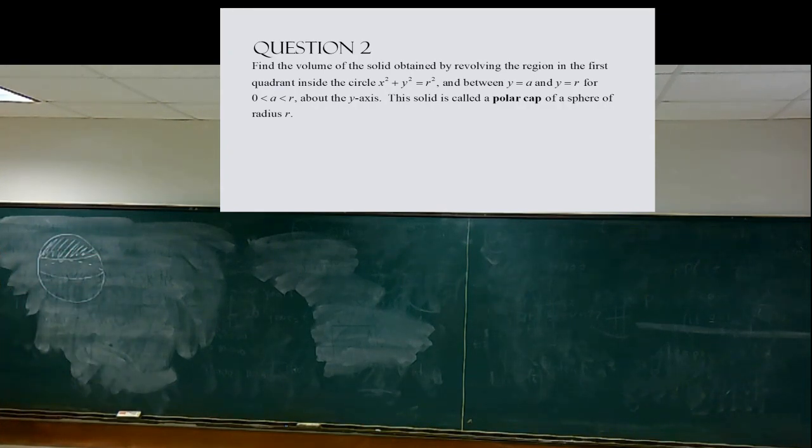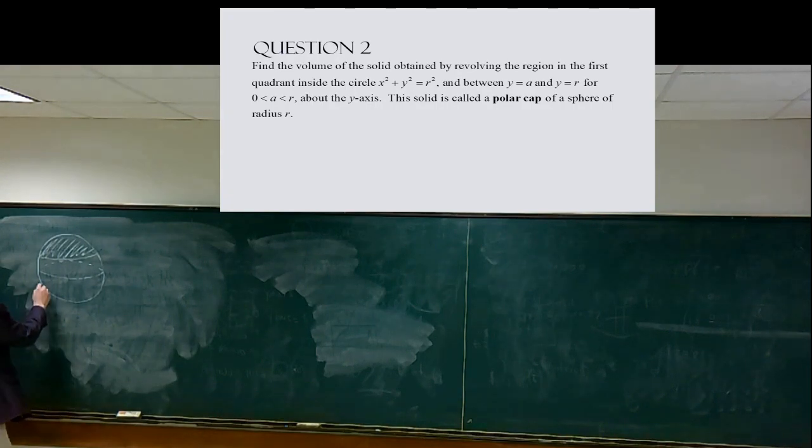That would be a polar cap. Think of the Earth, the two polar caps we have. That's literally what it is. It's just either the upper or lower portion of a sphere.